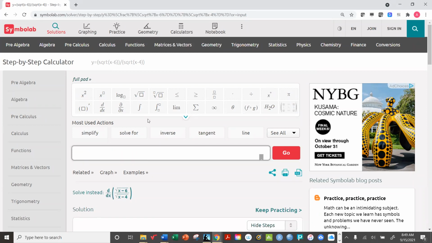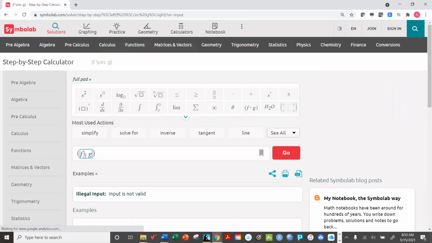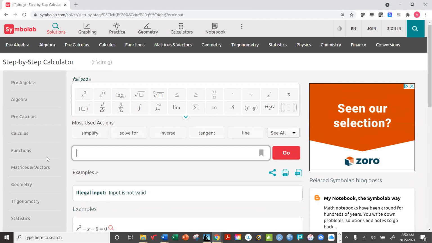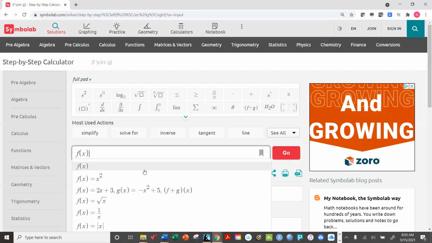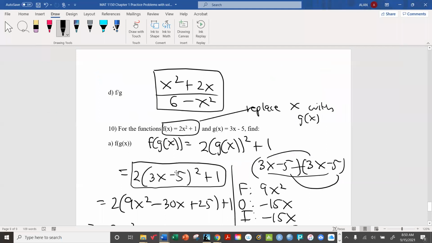Let's see how it handles this. The problem is I'm not sure how it expects me to enter this information. It's not the most user-friendly software I've ever used in my life. Let me try this. I'm just dying to know if it can handle this.